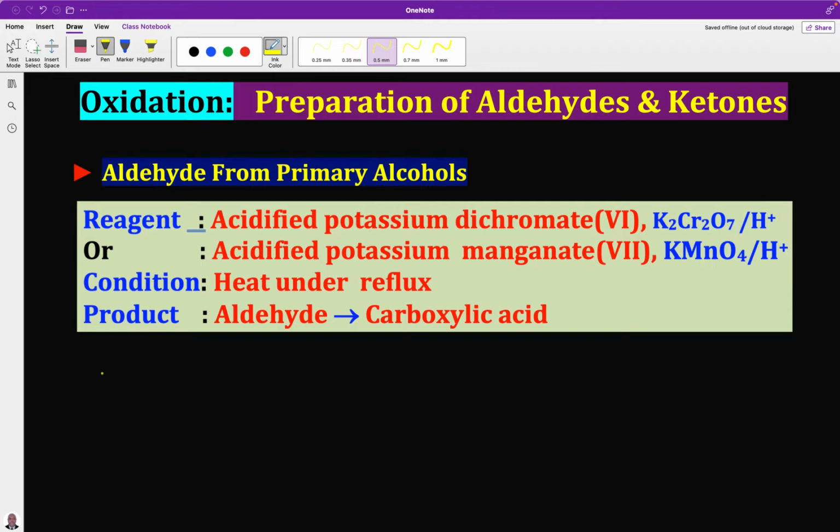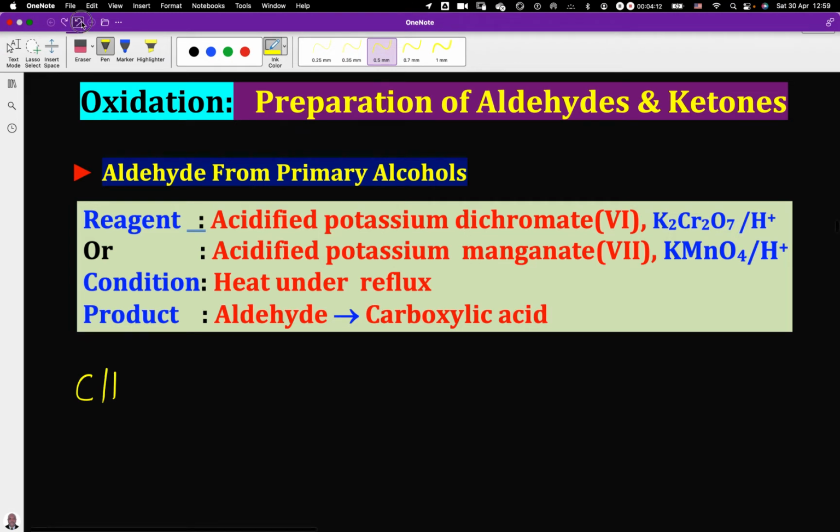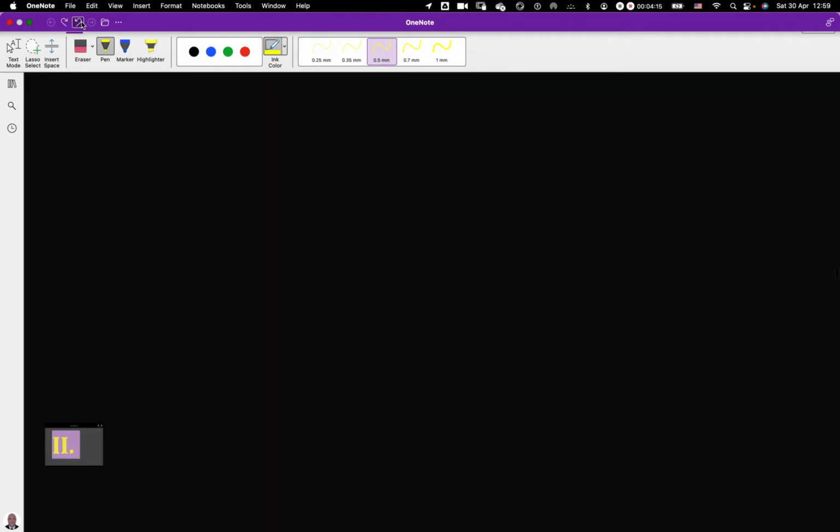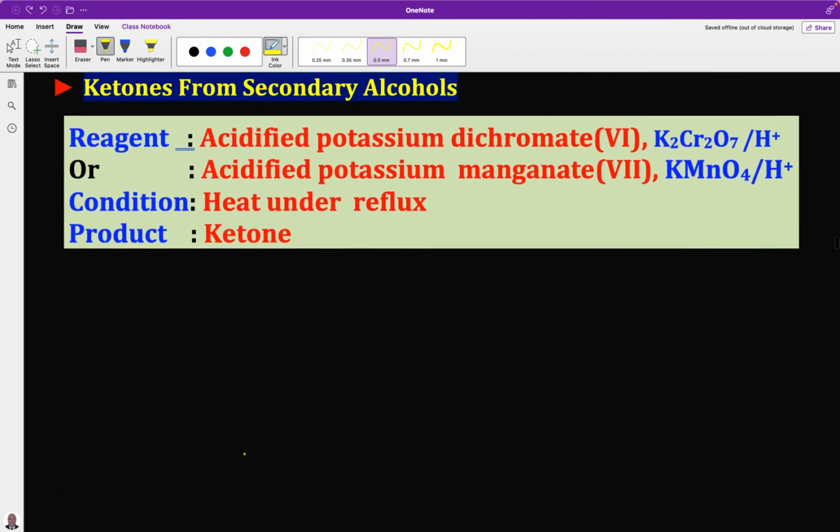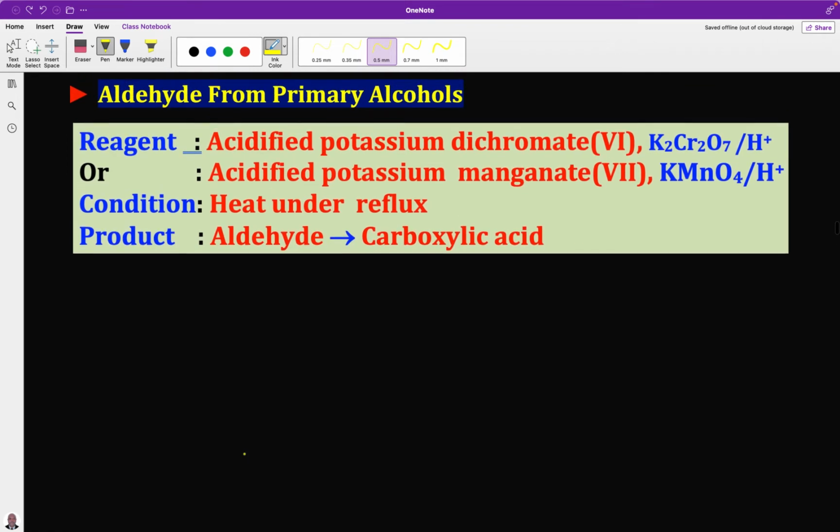We will be taking ethanol in this case as our primary alcohol. This is ethanol, CH3CH2OH.